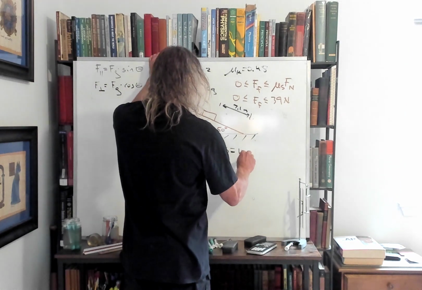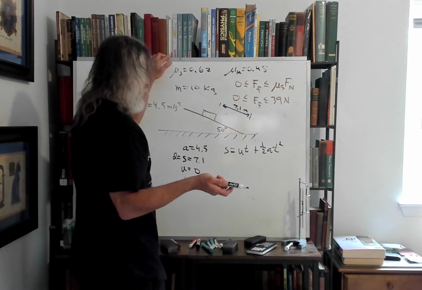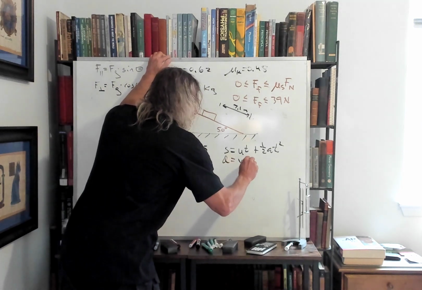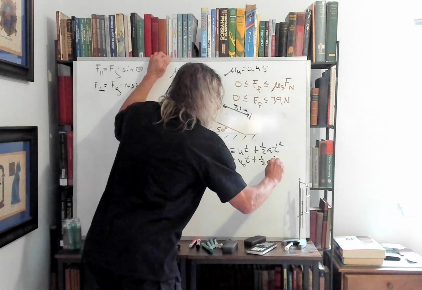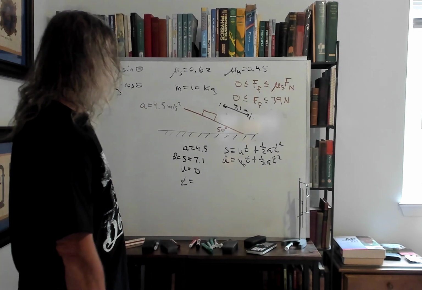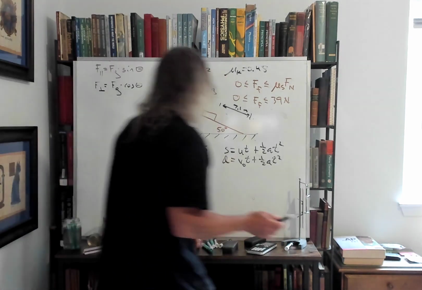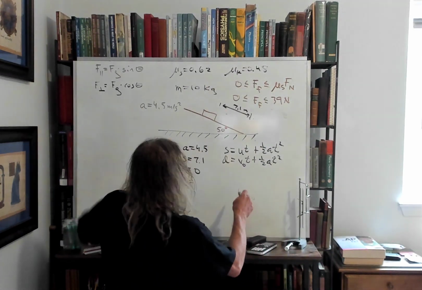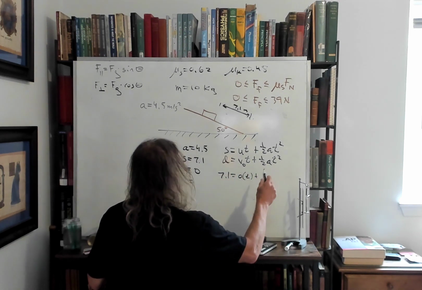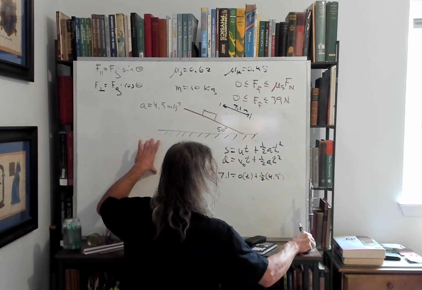S equals UT plus 1/2 AT squared. And in non-IB speak, this would be like D equals initial velocity times time plus 1/2 AT squared. We got different letters and symbols, the same stuff. Then we got 7.1 is 0 times t plus 1/2 4.5 t squared.